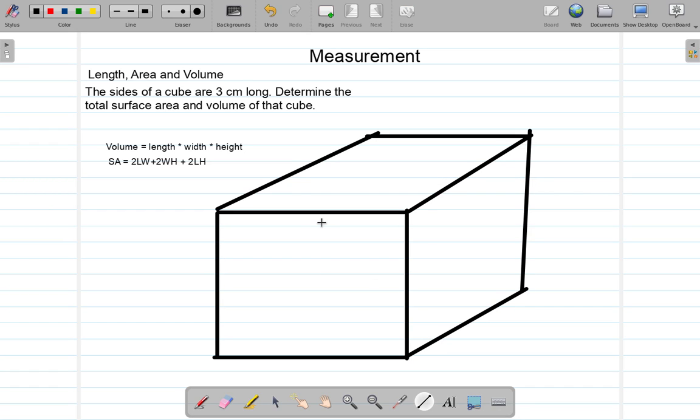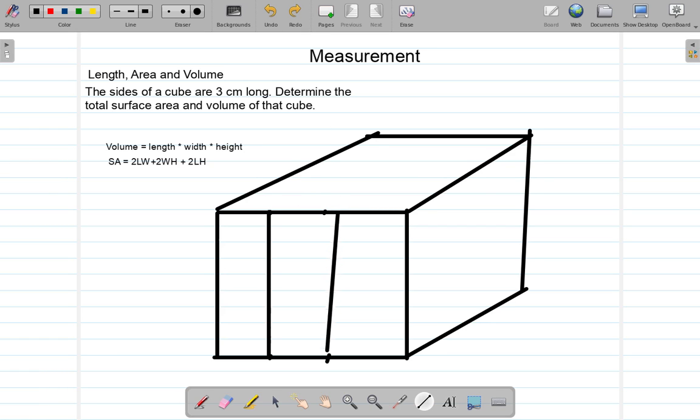Now, since each side is 3 centimeters, let us divide the sides into the 3 centimeters. That's 1, 2, 3 centimeters. 1, 2, 3 centimeters. So let's draw down this line and this line. This line is a bit far.